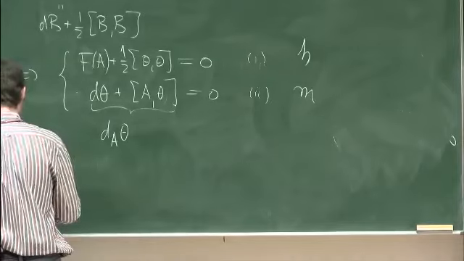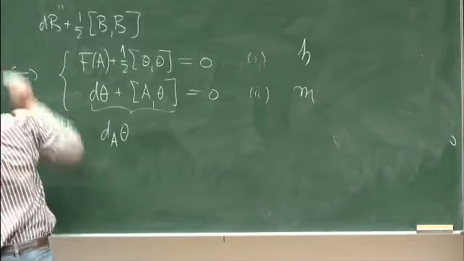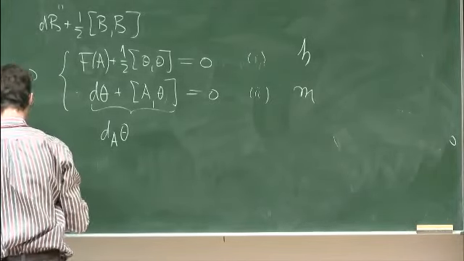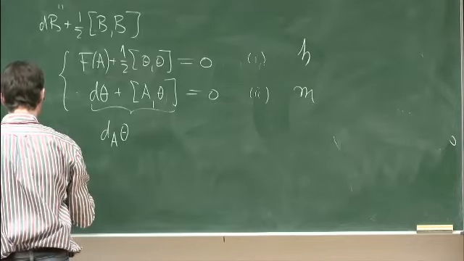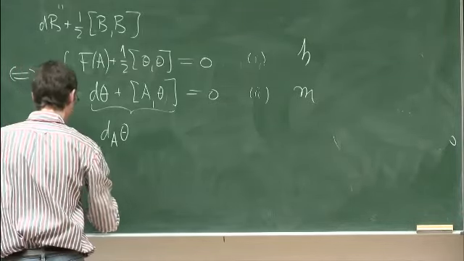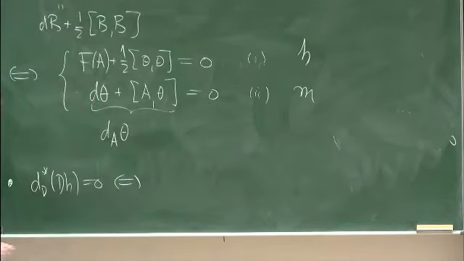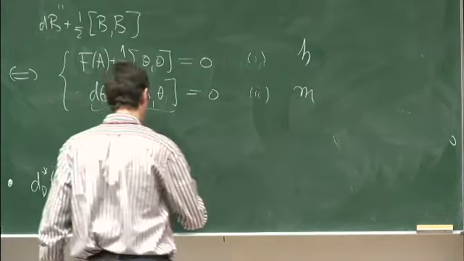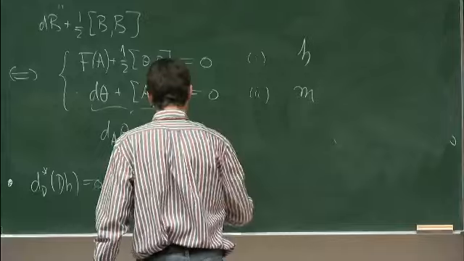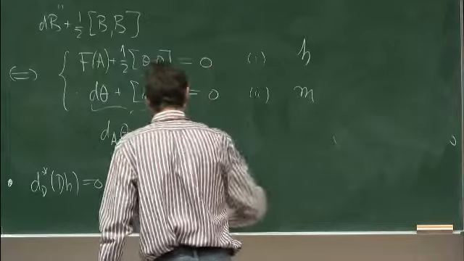And the second equation, so this was here, and then also we have the equation that d nabla plus star of h equals 0. In fact, if you look at what all these things mean, you see that up to a scale, d nabla is just the covariant derivative associated to A acting on these one-forms, and dh you can identify with theta. So this really just says that d_A star of theta is equal to 0.